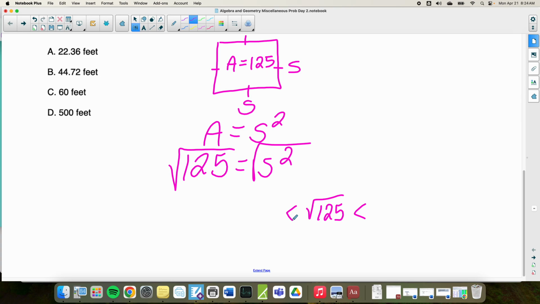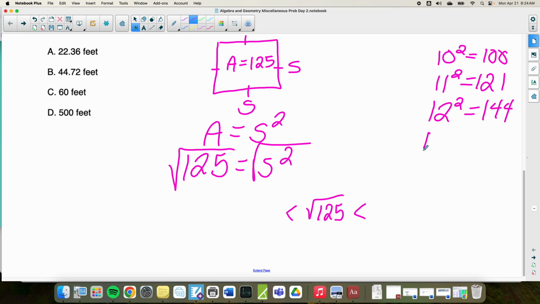I know you know 1 squared, 2 squared, 3 squared, and so on, but once you get to 10 squared is 100, do you know what 11 squared is? 121. 12 squared is 144. Do you know 13 squared?